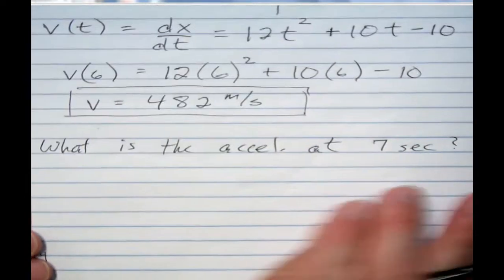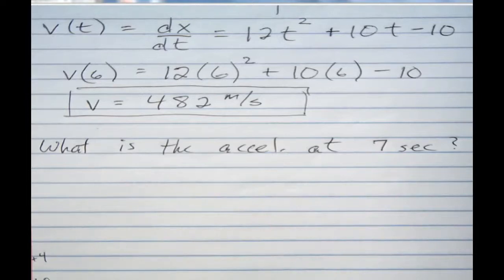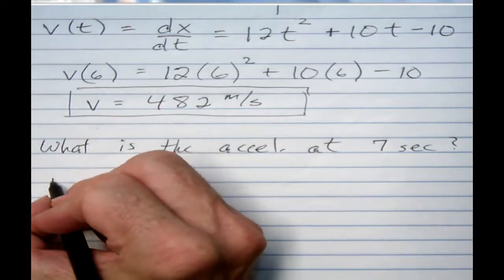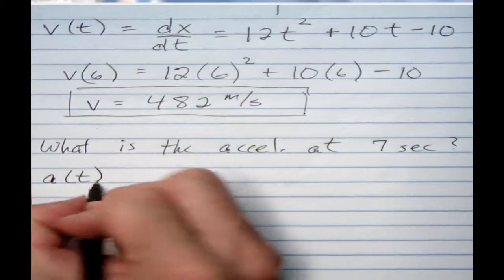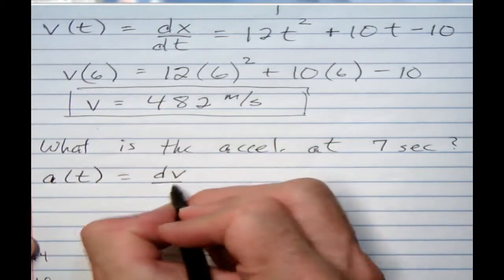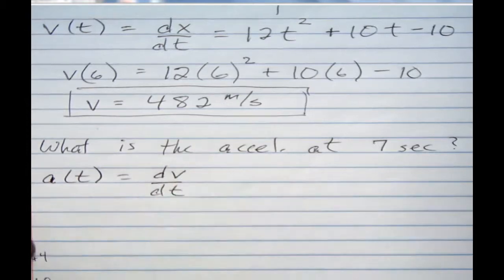All right, we're going to do with the velocity function what we did with the position function. When we took the derivative of position, we got velocity. Now if we take the derivative of velocity, we will get the acceleration function. So we would write it this way. The acceleration as a function of time is found by taking the derivative of velocity with respect to time.